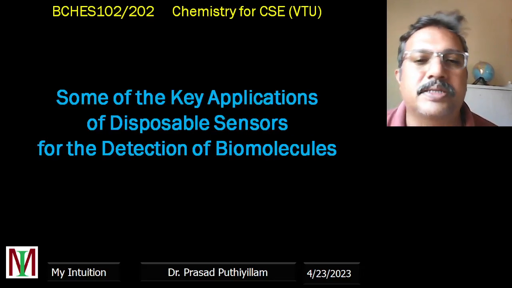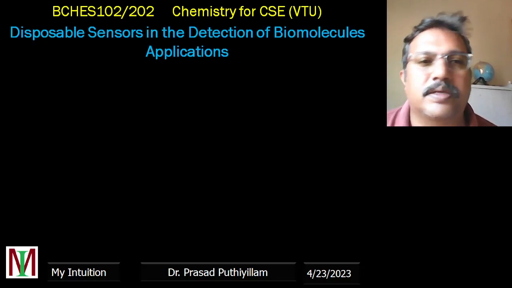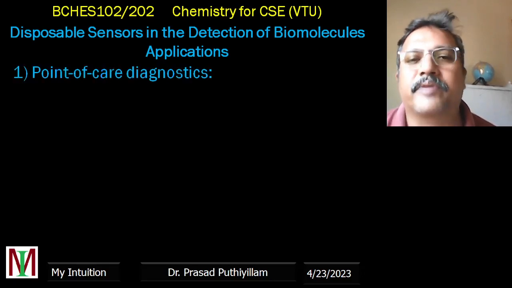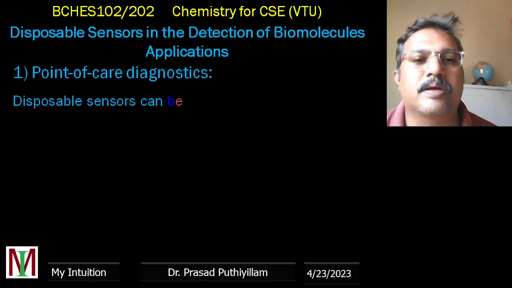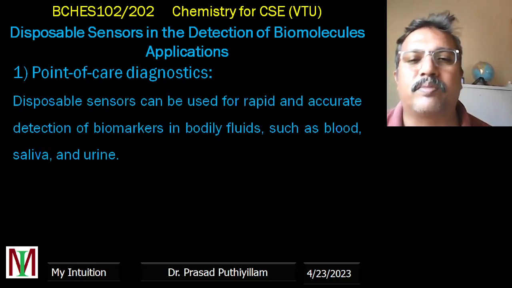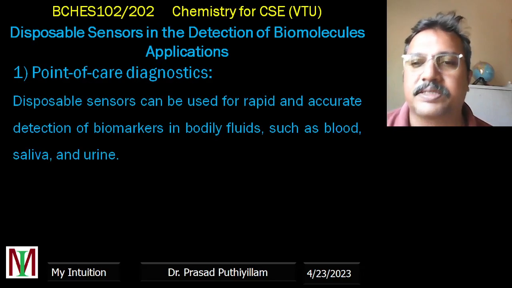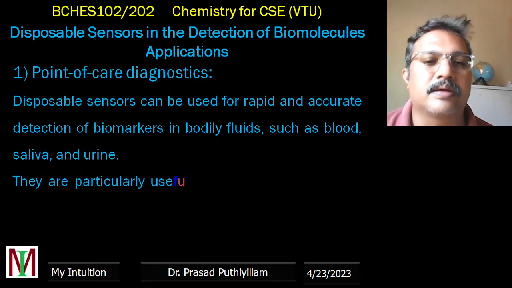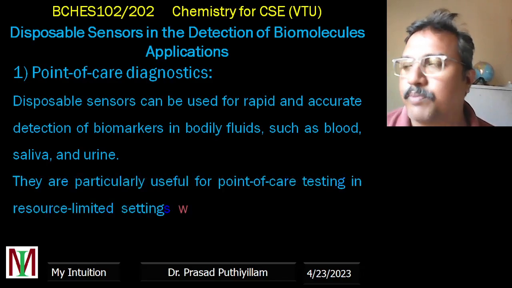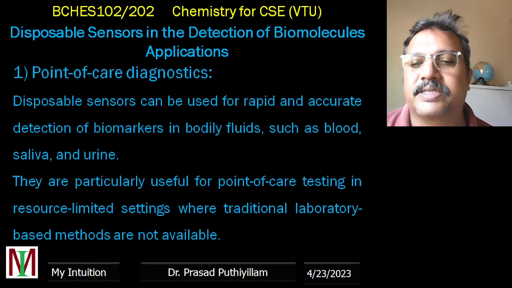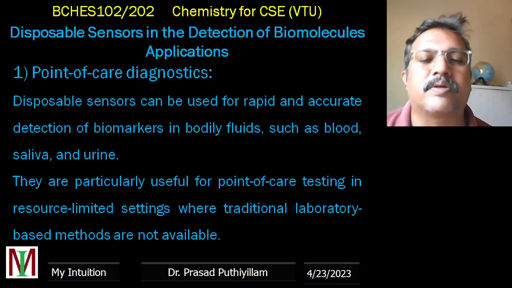Some of the key applications of the disposable sensor in detection of biomolecules, like point of care diagnostics. A disposable sensor can be used for rapid and accurate detection of biomarkers in bodily fluids such as blood, saliva, urine, etc. They are particularly useful for point of care testing in resource limited settings where traditional laboratory based methods are not available.